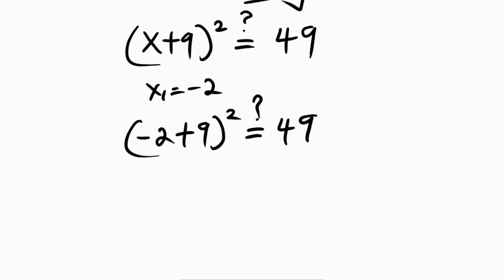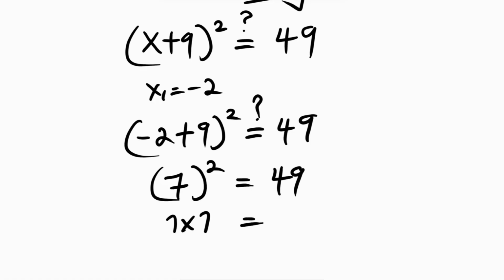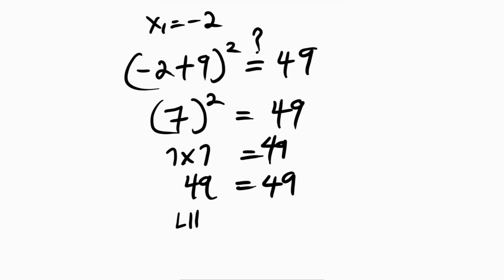Minus 2 plus 9 is positive 7, squared equals 49. 7 squared is 7 times 7, and that is 49. So the left-hand side is equal to the right-hand side.